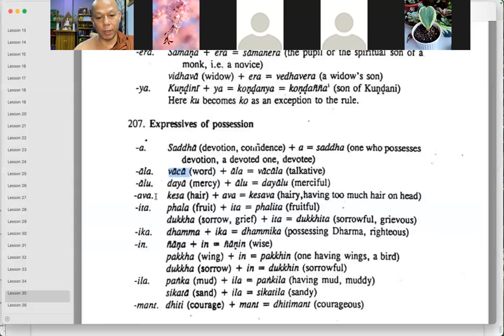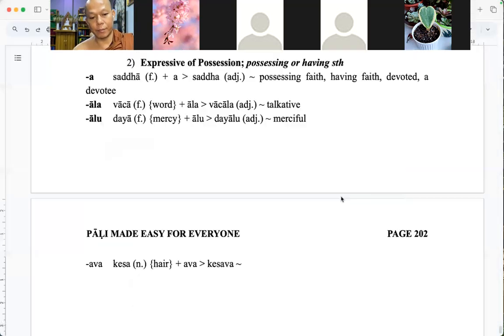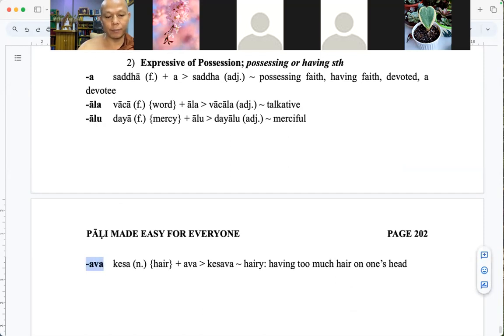So kisawa means hairy or having too much hair, on one's head in this way. So that is the awa suffix. Kisawa.